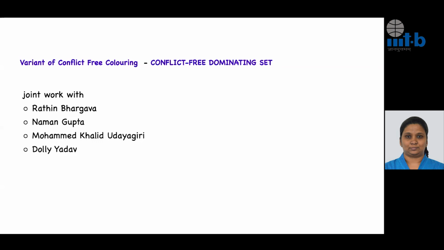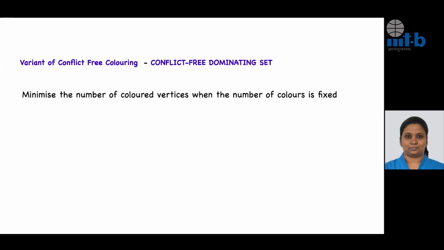This is the question, and it was introduced in 2017 by a set of authors in their paper, Abel, Eric Demaine, and a lot of like seven or eight authors. They studied it for planar graphs and proved some hardness results, approximation algorithms, etc. So this is the problem: minimize the number of colored vertices when the number of colors is fixed.